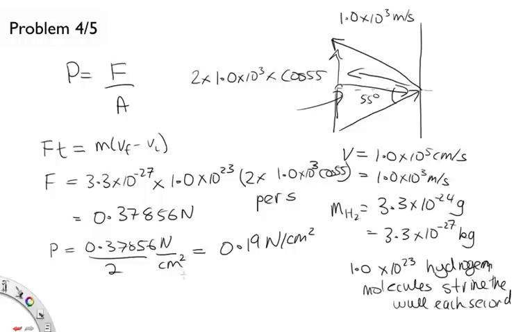Sorry, that's in meters squared. The more normal units is that's 1,900 newtons per metre squared, and newtons per metre squared is equivalent to pascals. So that's 1,900 pascals, which it's exerting on this wall.